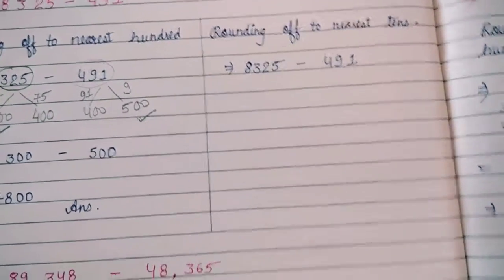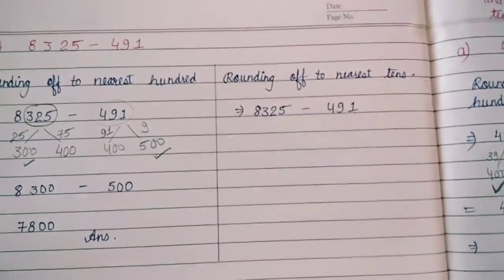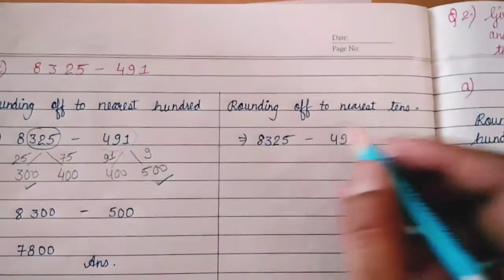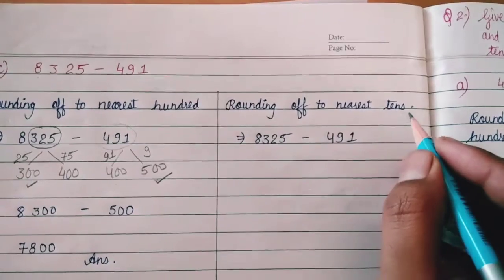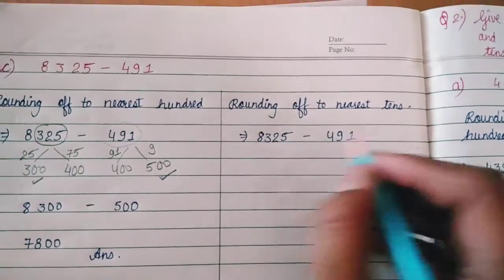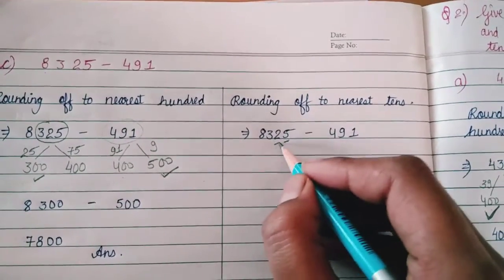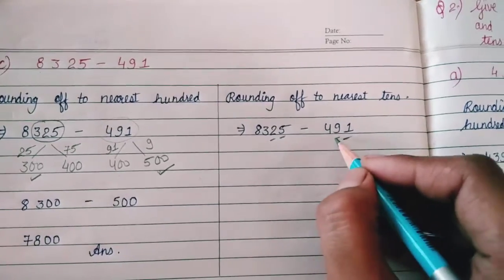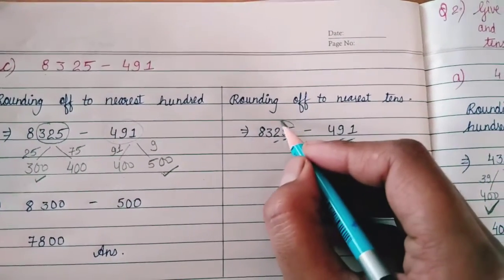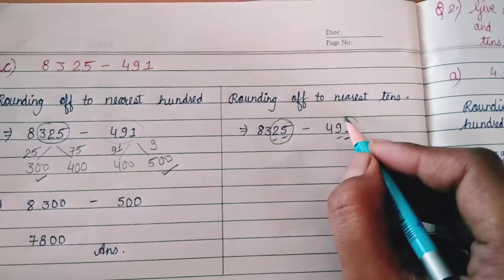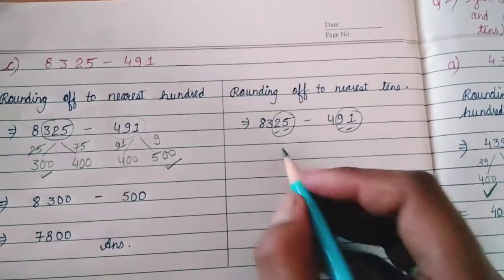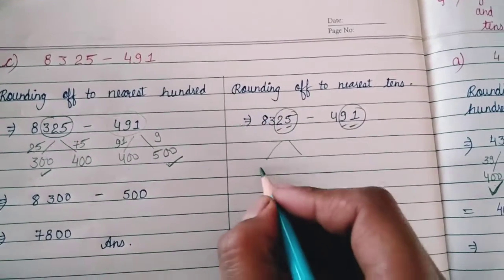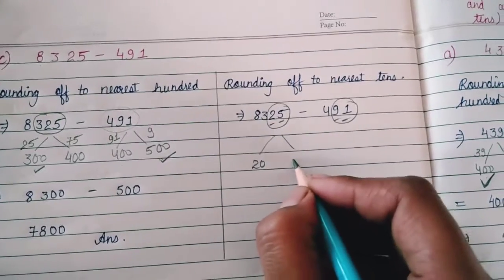Okay. Now its second part is we have to estimate to the nearest tens. So we will choose the tens place, which is ones, tens. So only this much we will estimate. Okay. So we know 25 is coming in between 20 and 30.